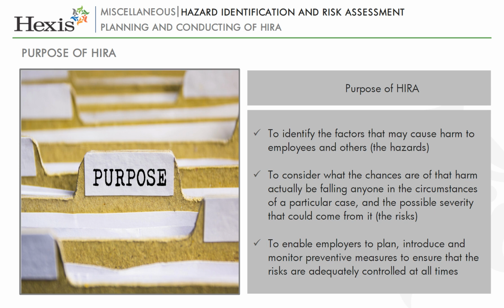Once we have understood the purpose of HIRA, it becomes much easier to plan and conduct the activities required to control the risk elements. Let us take a look at how this is done next.